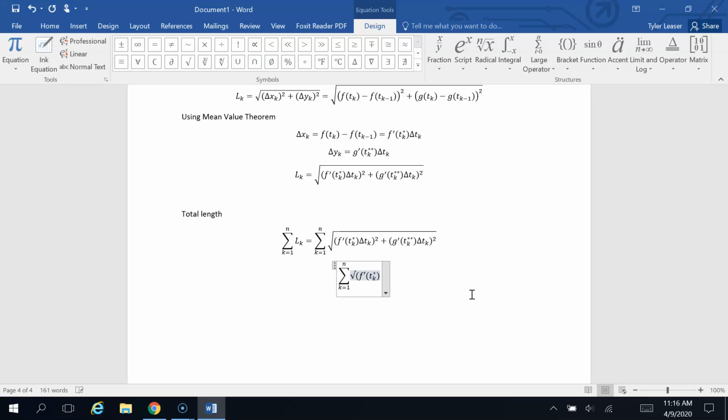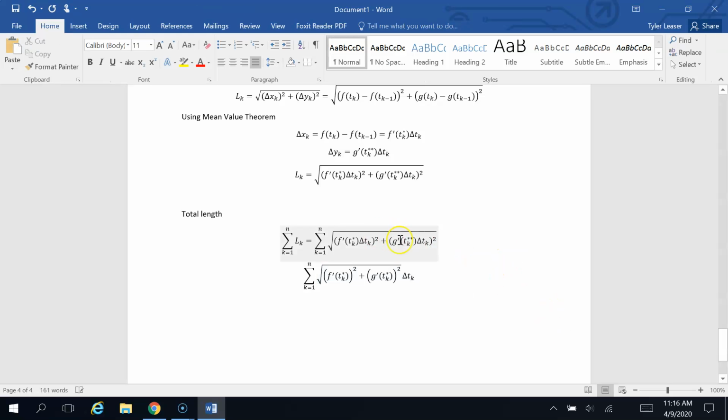Know that they should be different, but I'm too lazy. Okay, that thing's squared, plus the g prime t sub k star squared. Okay, and then we factored out of the square root delta t sub k. And now it's just a single delta t sub k. It's not squared anymore because we took it out of the square root.